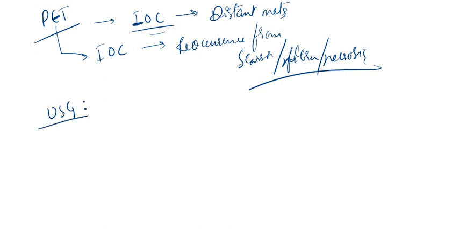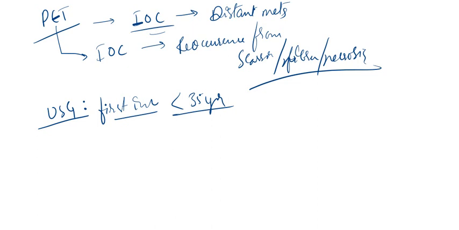it is the first investigation done in young females whose age is less than 35 years if they come with a complaint of any lump in their breasts. The first investigation is ultrasonography. Now why should you do ultrasonography?